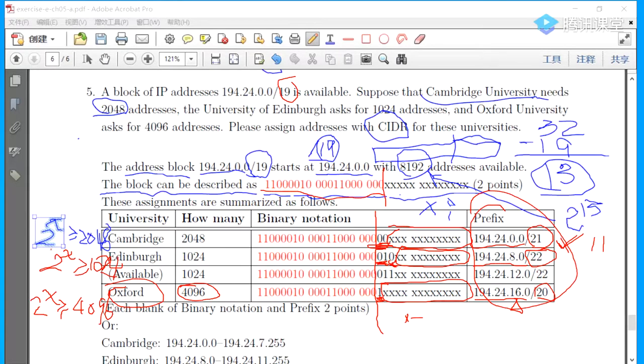The third line can be omitted. Okay, do you understand? It is a typical application in comprehensive big questions, subnetting and CIDR.